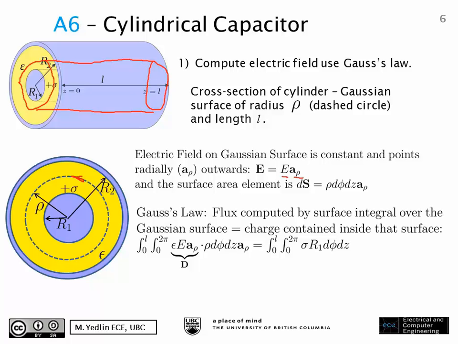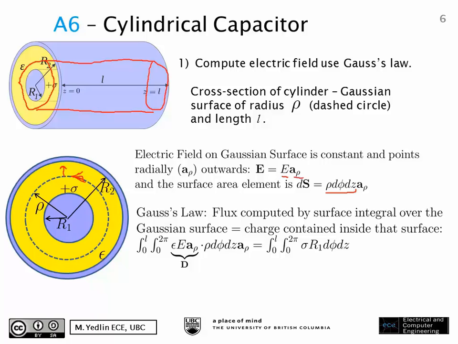So there's my little r dφ, and then into the page would be the dz. If you add up all these patches, you would just get the area of the Campbell soup can label, and it's also directed radially outward.